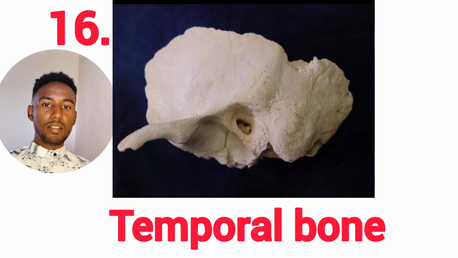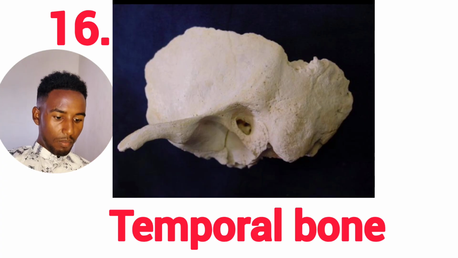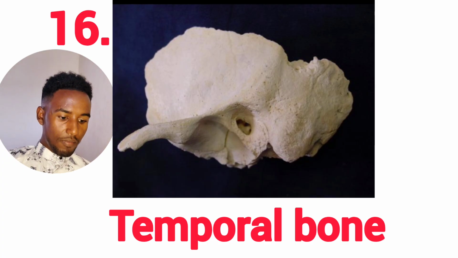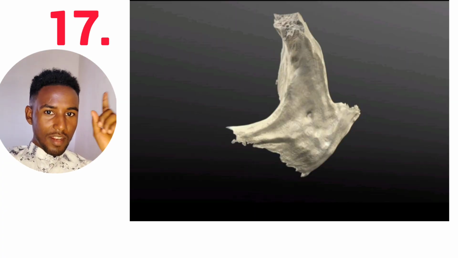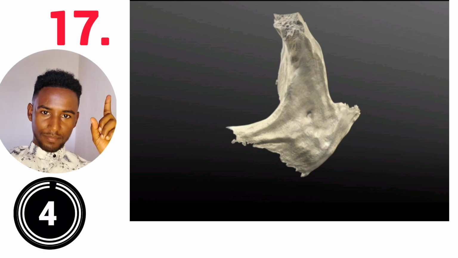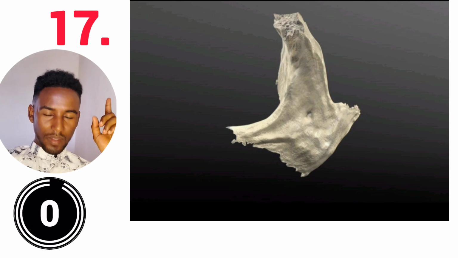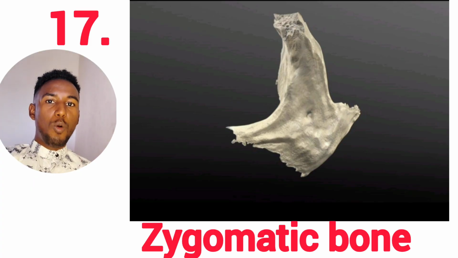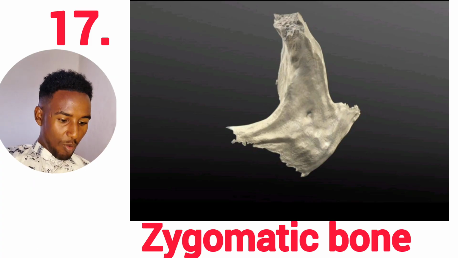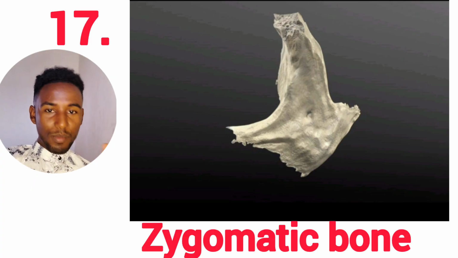It is the temporal bone. Temporal bone is located on the side of the skull near the ear. Can you guess the name of this bone? It is the zygomatic bone. The zygomatic bone forms the prominence of the cheek.